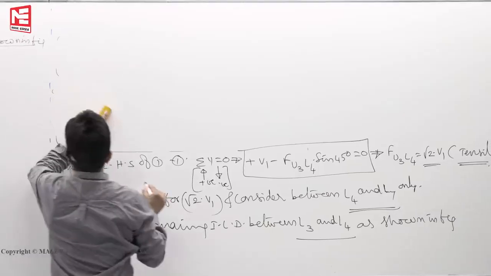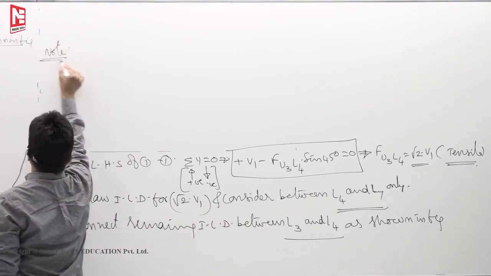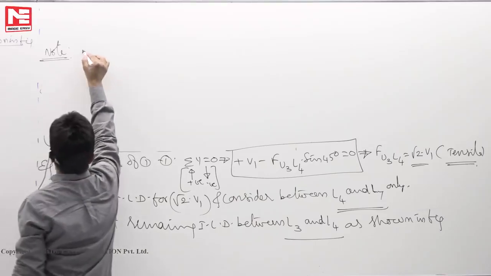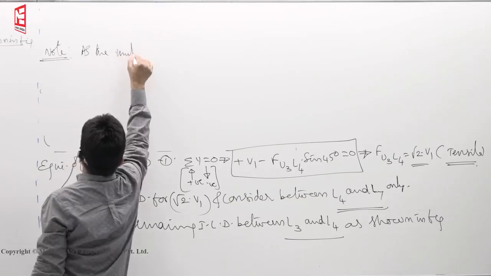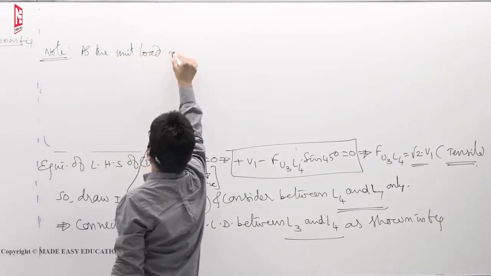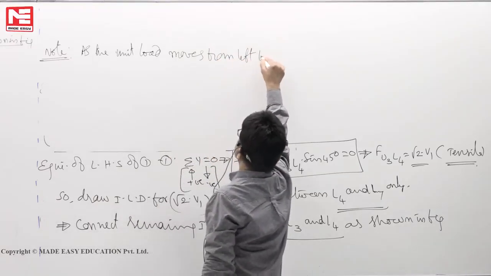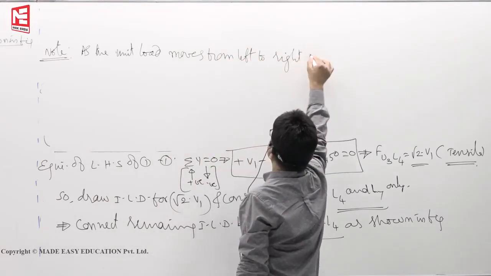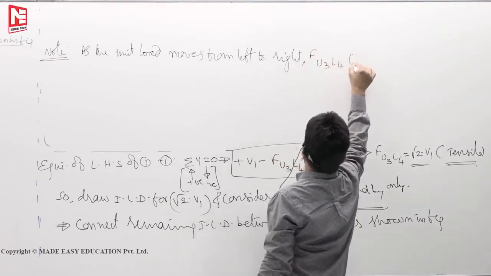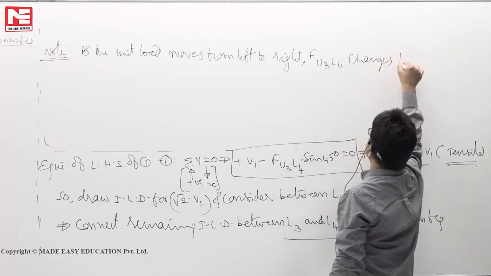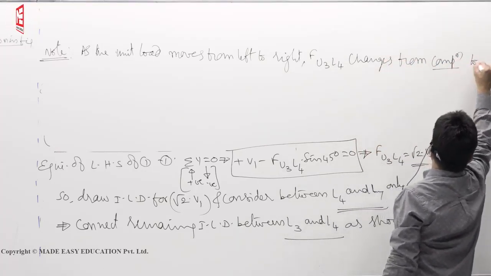See here now, note for this one. As the unit load moves from left to right, F U3 L4 changes from compression to tension.